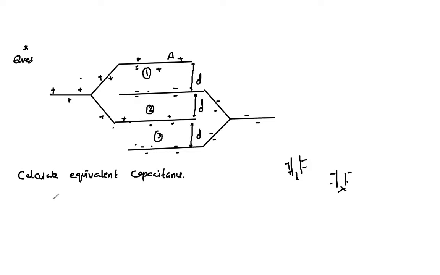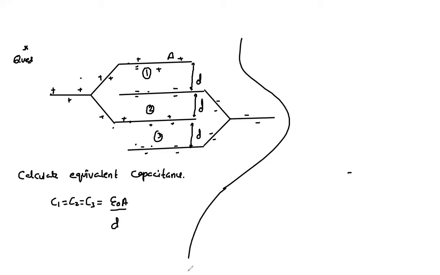Is it clear? Now we can calculate capacity of each capacitor, C1, C2, C3. All are parallel plate capacitors, so the capacity is epsilon naught A by D. All 3 capacitors have capacity of epsilon naught A by D. We need to calculate C equivalent.